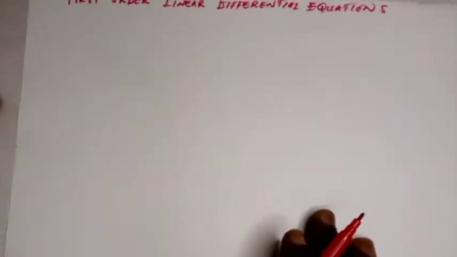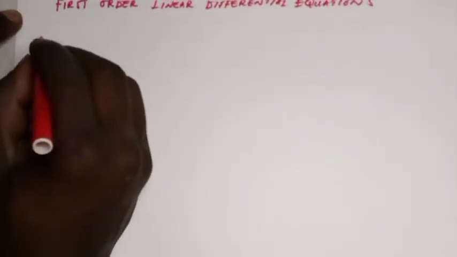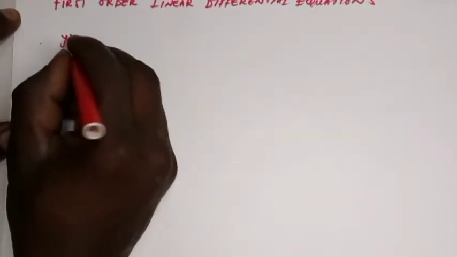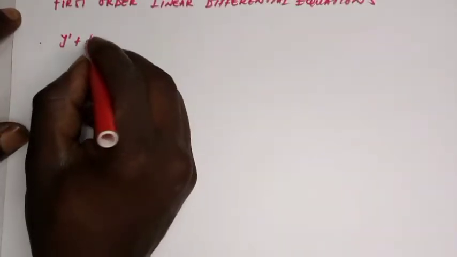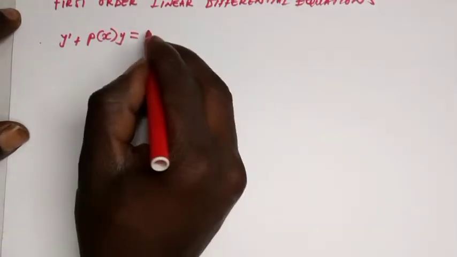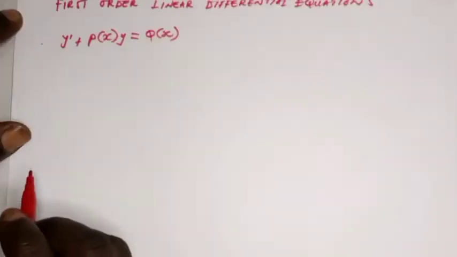The most important thing you must consider when dealing with a first order linear differential equation is that it must be in standard form, which is y prime plus p(x) y equals q(x).